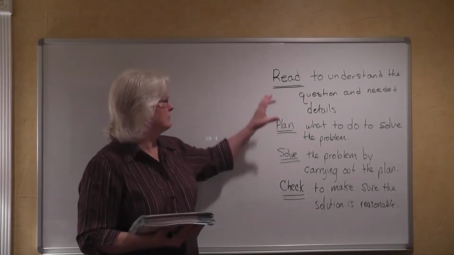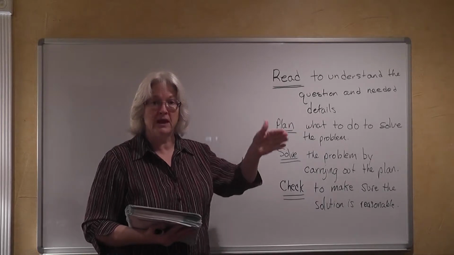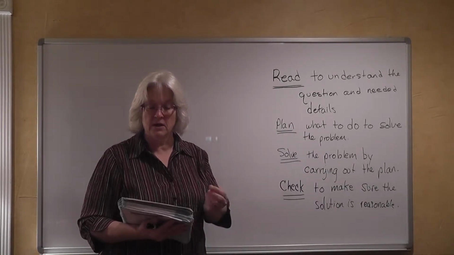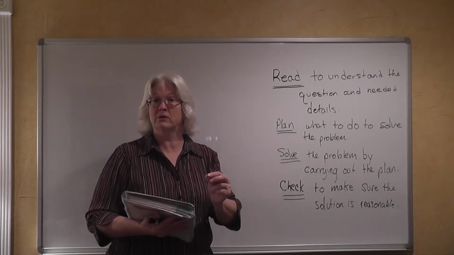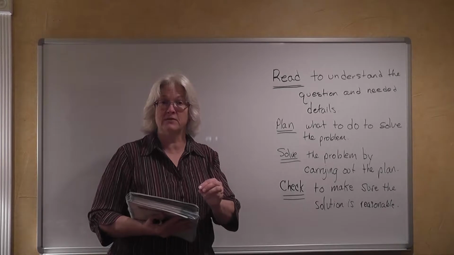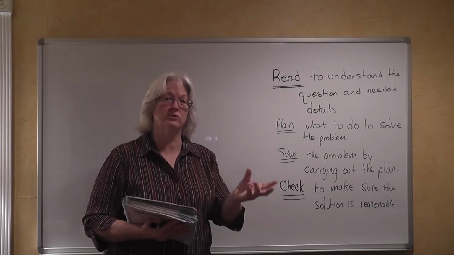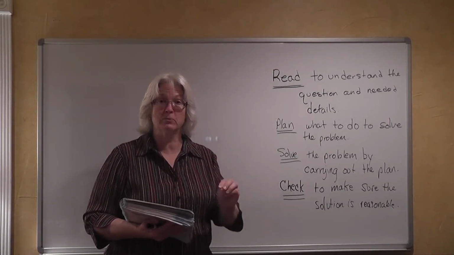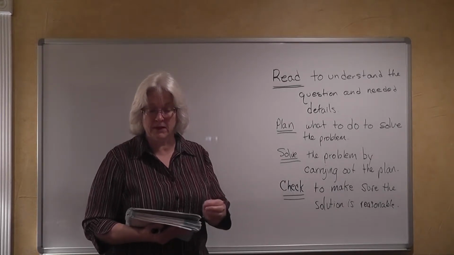Okay, we've read it. It's a little bit lengthy, but take the time to break it apart. First sentence tells us the price of the tickets. It tells us that adult tickets are $3.75, and then it tells us that children's tickets are $2. So you have two pieces of information here, two separate prices according to the age of the person who is attending the play.